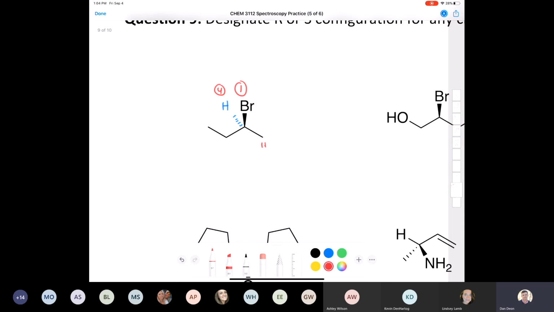It's attached to hydrogen, hydrogen, hydrogen, whereas this carbon over here is attached to carbon, hydrogen, hydrogen. There is my tiebreaker right there. And so that means that the second highest priority group is going to be right here, and this will be 3rd. If I follow that around, it goes from 1 to 2 to 3, like that. That's counterclockwise, and so the stereochemical designation is S.